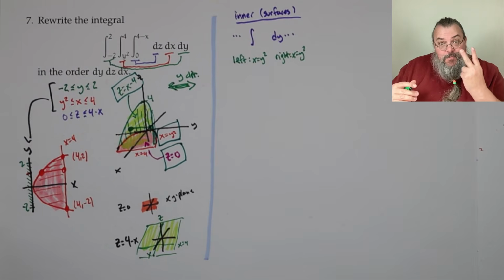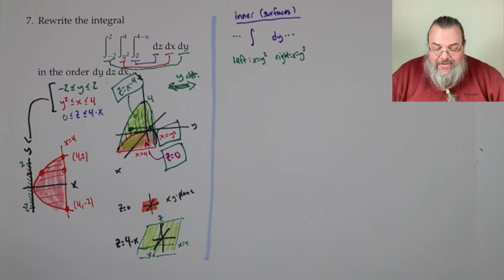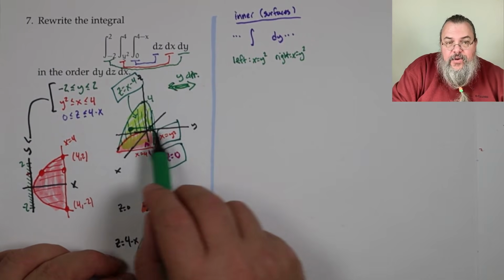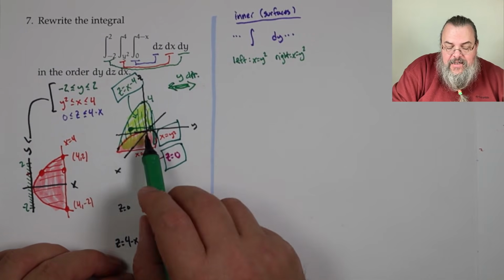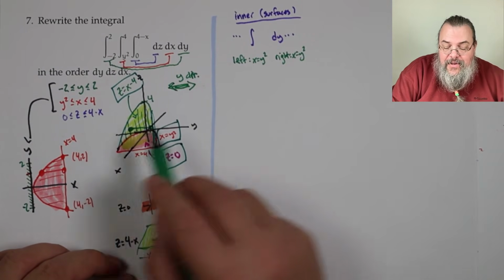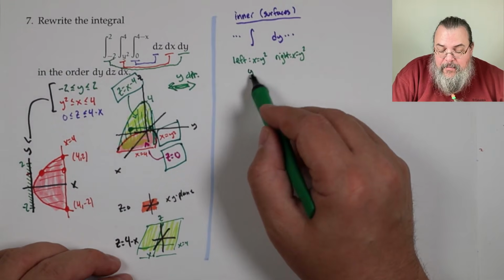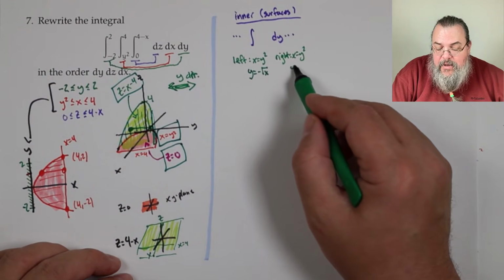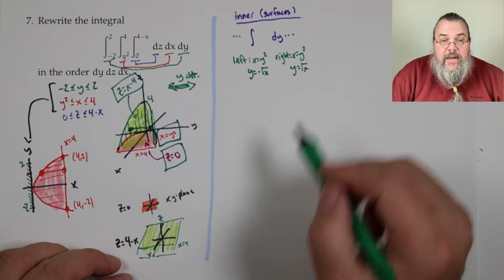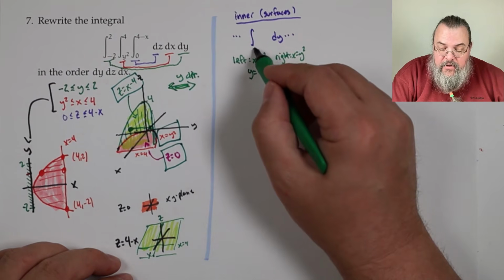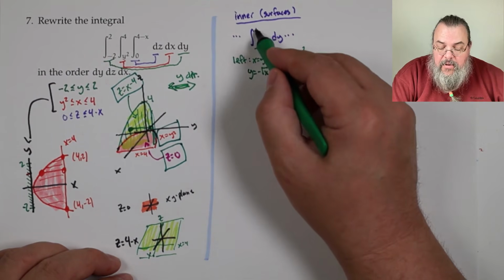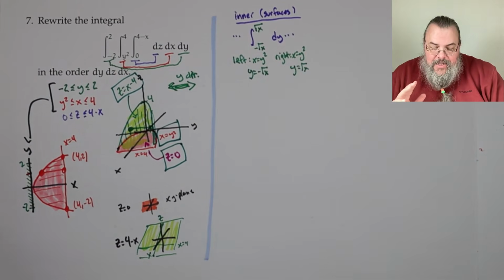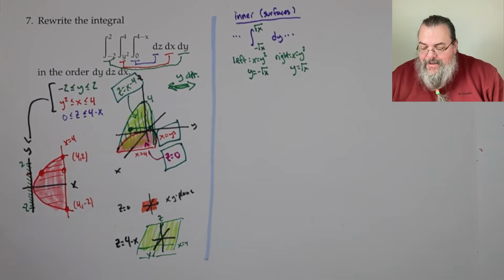Oh, plus minus, 2 things. So the positive y, that's to the right-hand side. The negative y is to the left. So that becomes y is minus square root of x. And here we get y is positive square root of x. So minus root x to plus root x. All right. So that's the inner part.